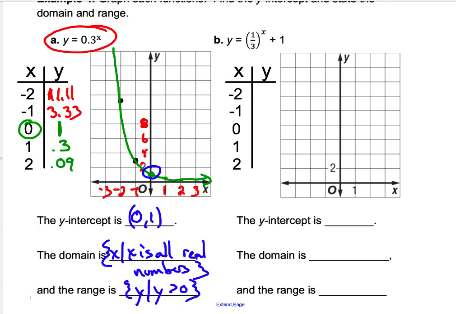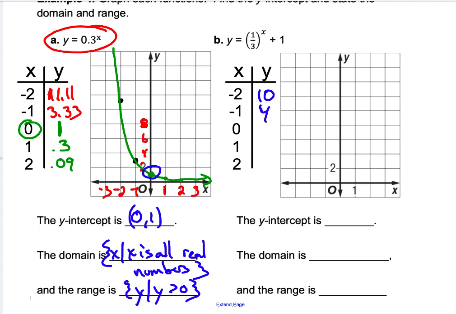All right, next one. So 1/3 to the x power. So 1/3 to the -2 power. But then I'm going to add an extra 1. Well, that's going to give me 10. That's going to give me 4.